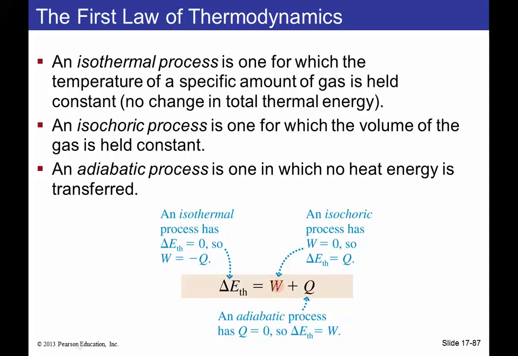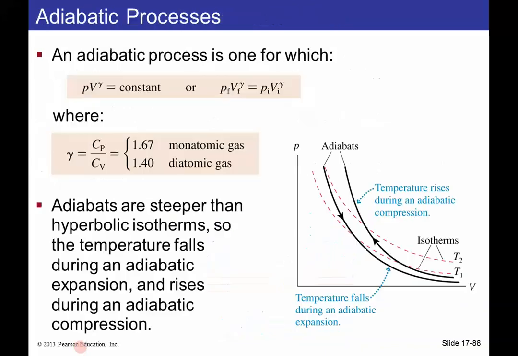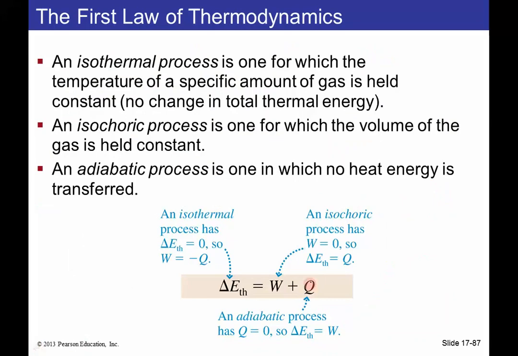So everything is work in this process, and the change in thermal energy is just equal to the work. Remember that that's an adiabatic process: Q is zero and there's only work being done.